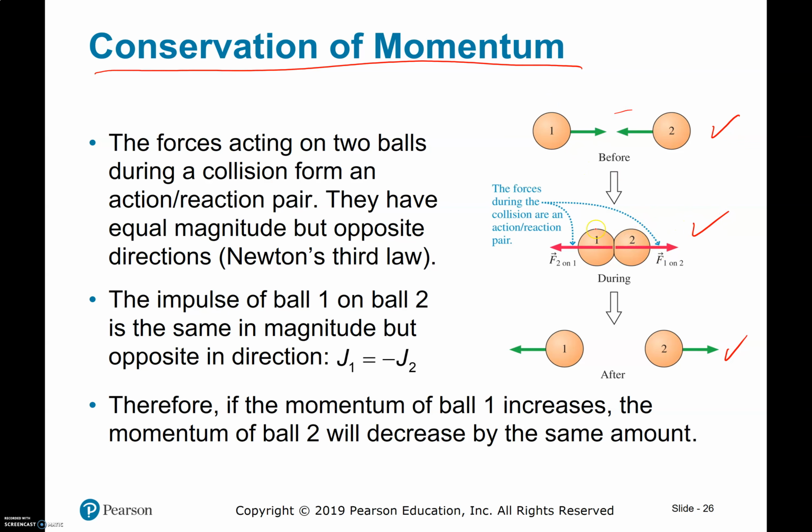During the collision, all the forces acting are internal forces. That means particle 1 is acting on 2 and particle 2 is acting on 1, but there is nothing external acting on these two particles. Therefore, the momentum that you have before is equal to the momentum that you have after. That is because of Newton's second law. The impulse due to this force cancels the impulse due to this force because they are an action-reaction pair.